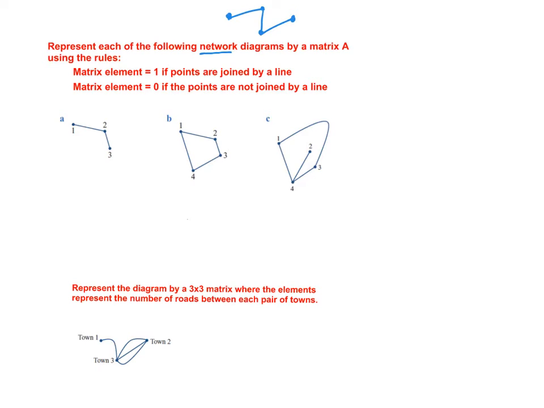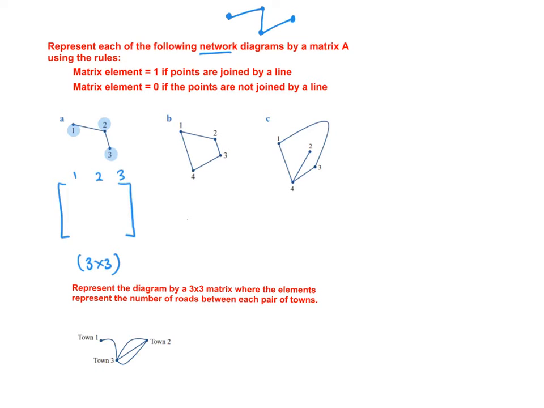So how do you set it up? You have a look at how many points you have. I've got 3. And if you have 3 points, you're going to set up a 3 by 3. What do I mean by that? Yeah, 3 rows, 3 columns. So I'm going to pretend this is town 1, town 2, town 3.